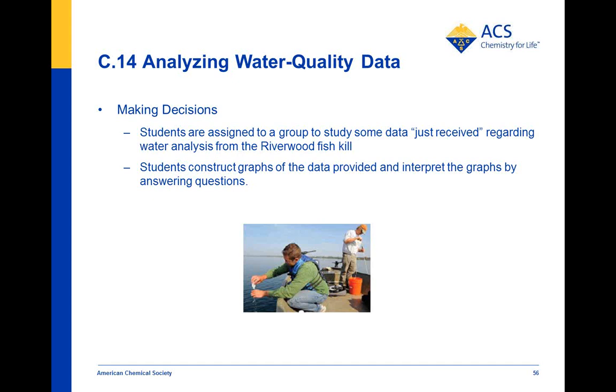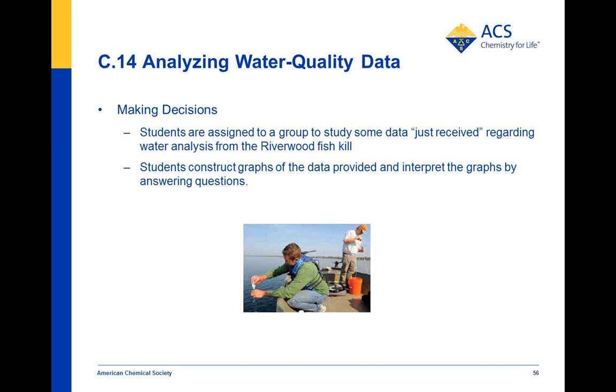Here's where they get all of the data and they start making the graphs so that they can interpret what those graphs actually mean. It's a very critical point because they get lots and lots of information and they're totally overwhelmed. If you can get them to start looking at it step by step, how they start to put it all together, this is the best part.